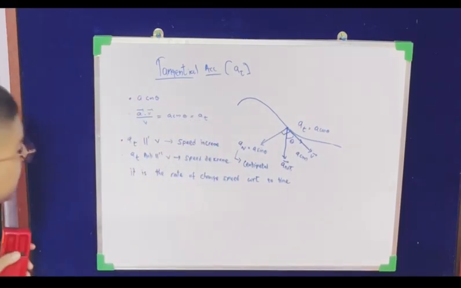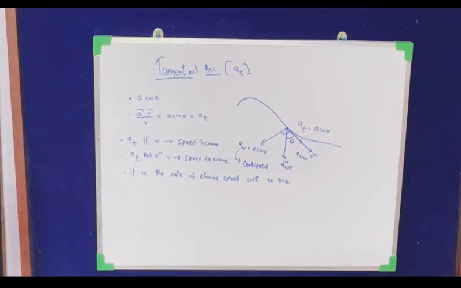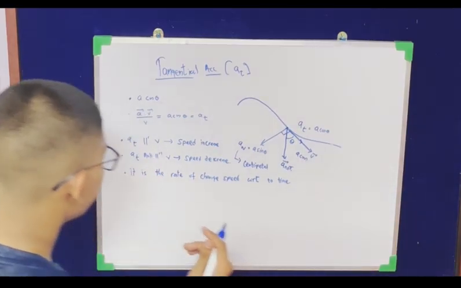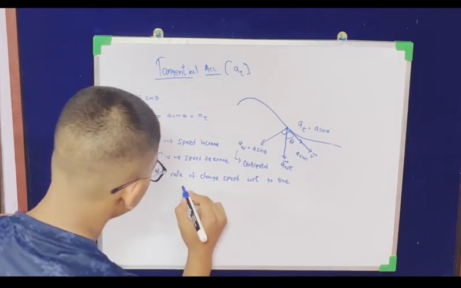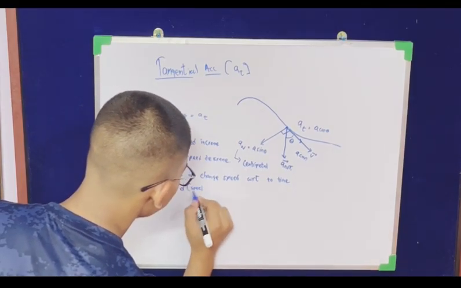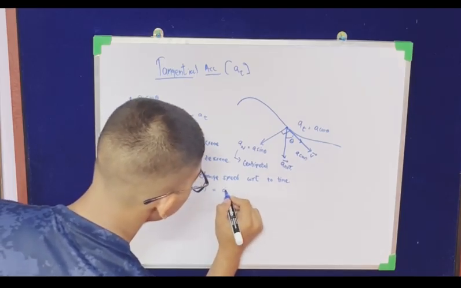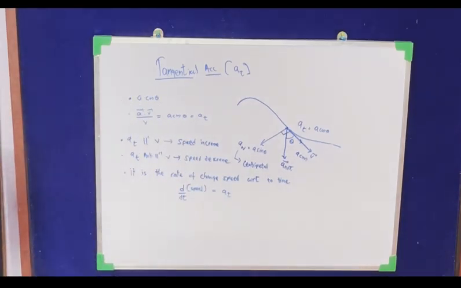If we want to write this equation mathematically, we can say that the differentiation of speed with respect to time gives us tangential acceleration.